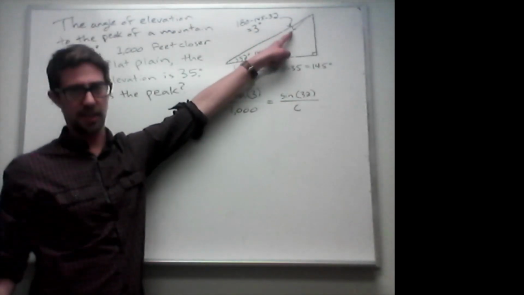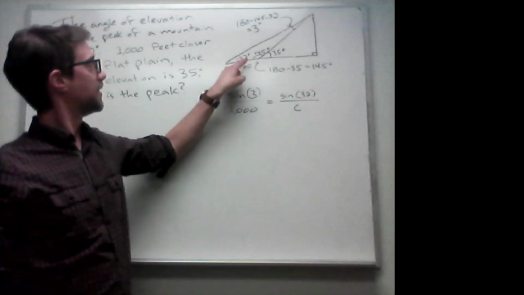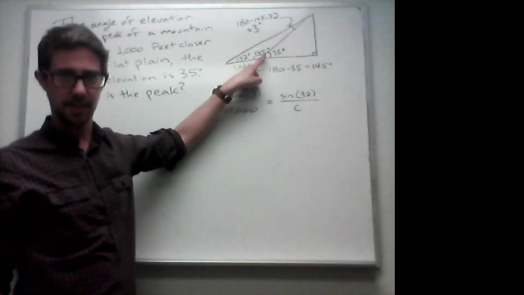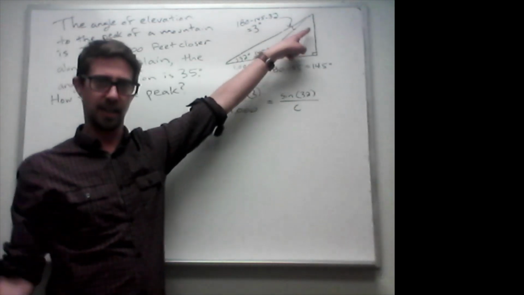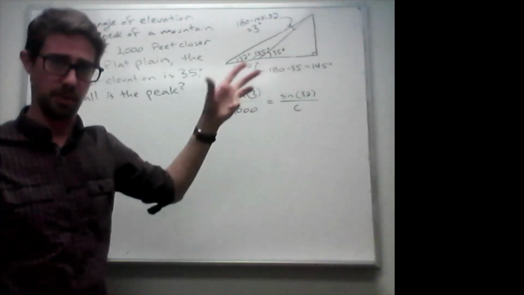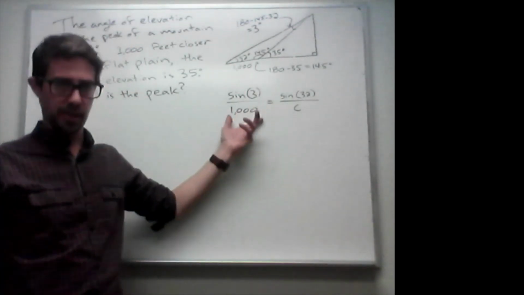All right, so the sine of this angle over 1,000 equals the sine of this angle over whatever this side is. And see what I'm saying? This side is going to become the hypotenuse of the right triangle, which is going to give us this side, which is the thing we want. Okay, so we've done this type of thing before.